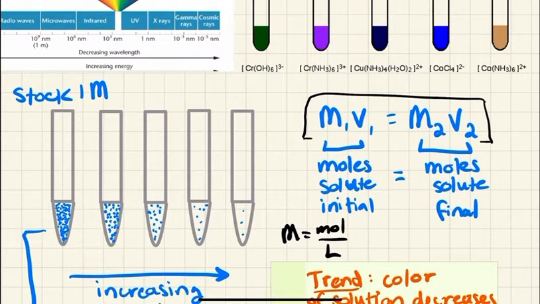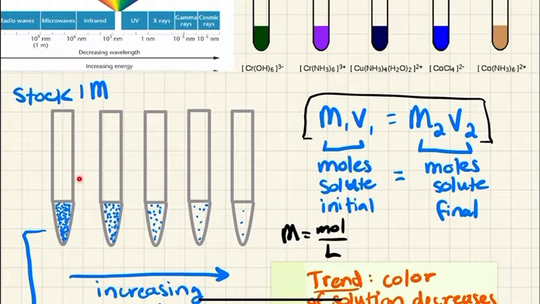Now, if I take a small part of that and put it into a test tube, like if we look at the representation I have here, obviously there are fewer moles of solute in this test tube compared to the first test tube. So this is because as more solvent was being added, a small part of that solution was taken out and put into the test tube, because otherwise the test tubes would have overflowed with the amount of solvent present.